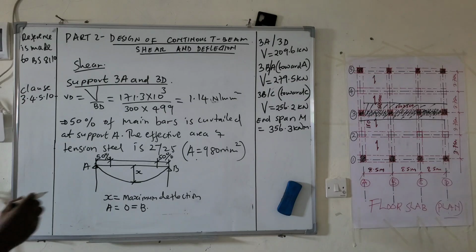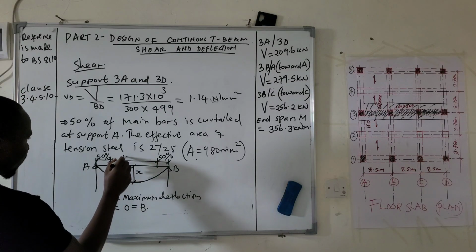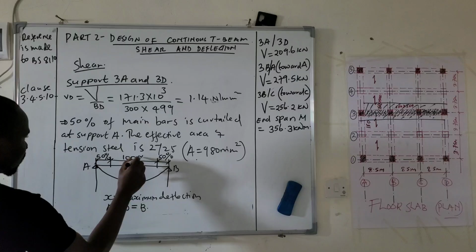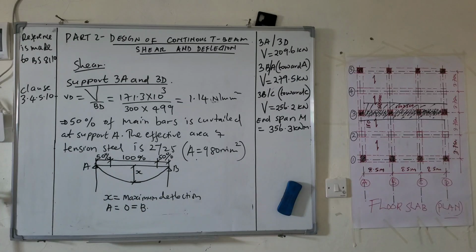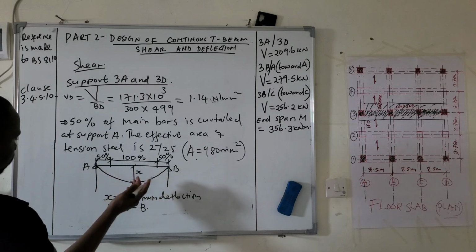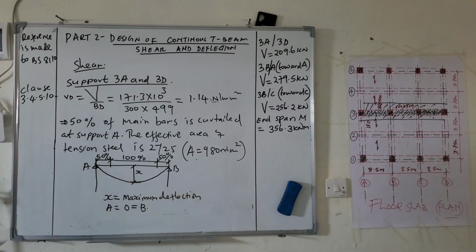And here we will have 100% reinforcement bar passing between this point, because this is where we will have the maximum bending.